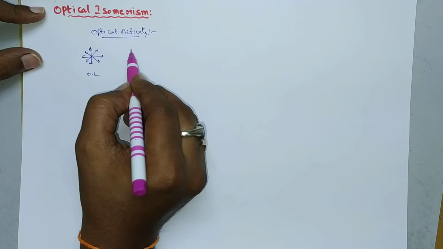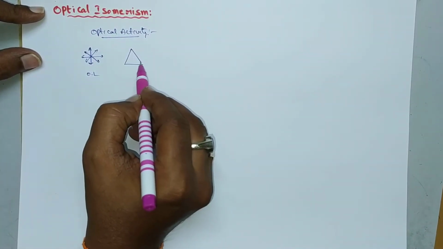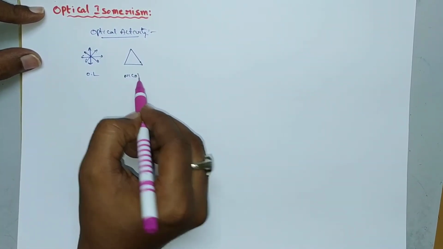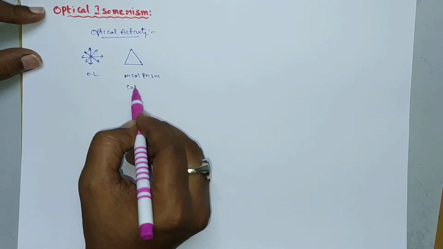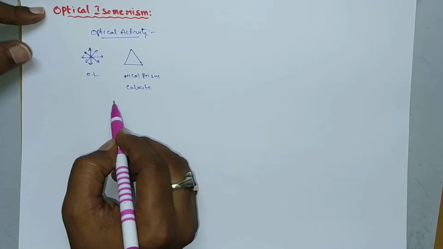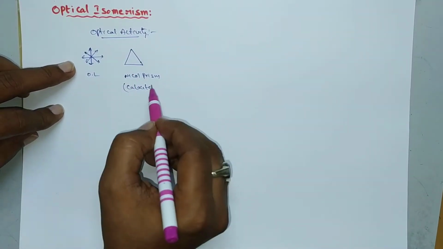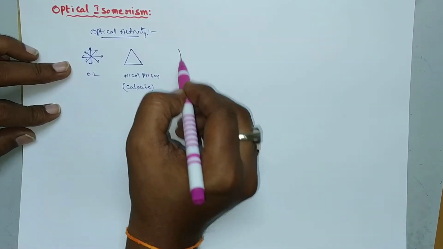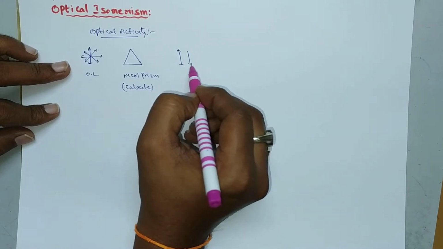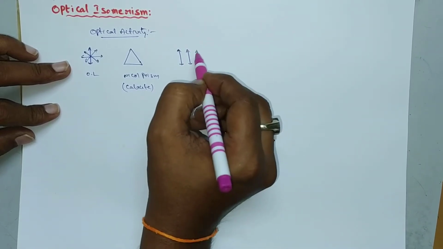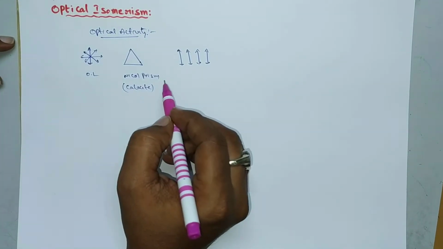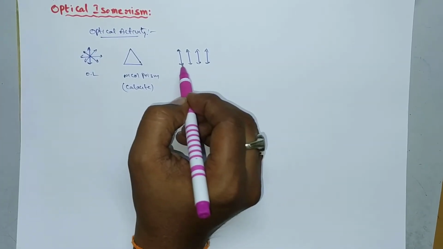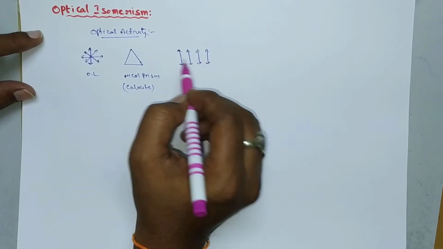When this ordinary light is passed through a Nicol prism, which is made up of calcite crystal, it produces plane polarized light. That means it consists of only a single wavelength, and the vibrations of light are present in one direction only.